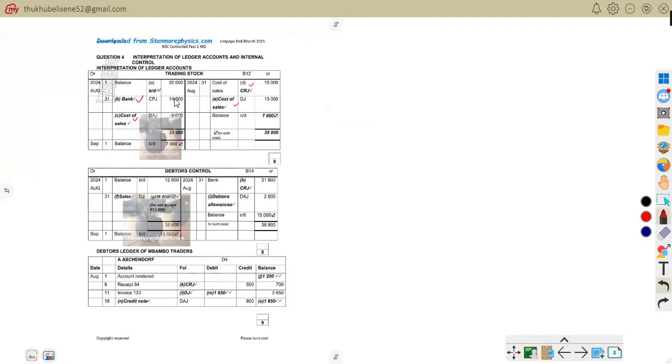When we add 20,000 plus 14,000, you're going to get this much. This is the bigger side. Then 5,000 minus the total of 15,000 plus 13,000 will give us 7,000 as our balance carried down on the credit side and balance brought down on the debit side. So that is how we do them.